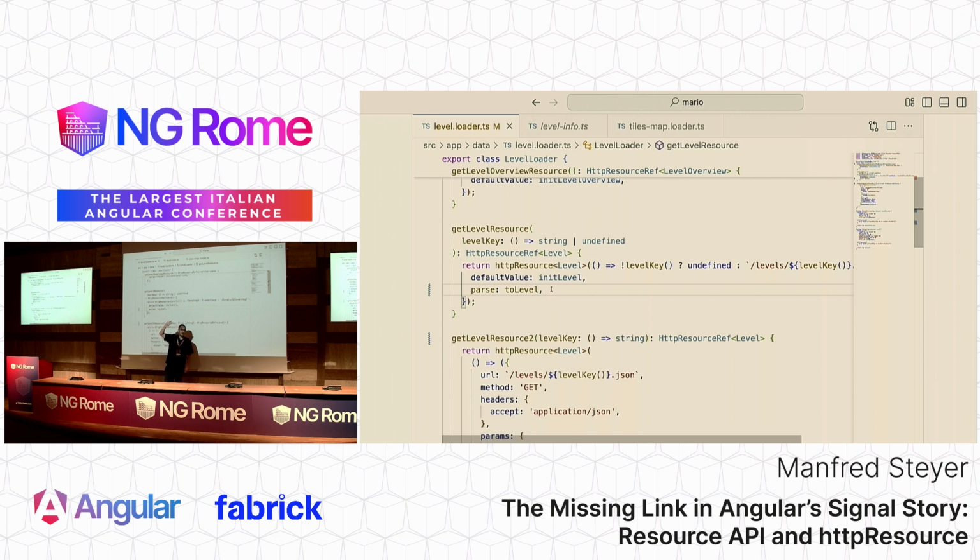Who knows the reviver parameter? It's the second parameter of JSON.parse. So this reviver is also just a function that allows you to revive your application in terms of, for instance, exchanging date strings by real date objects, or by exchanging other properties by richer properties. And this is what you can do here.